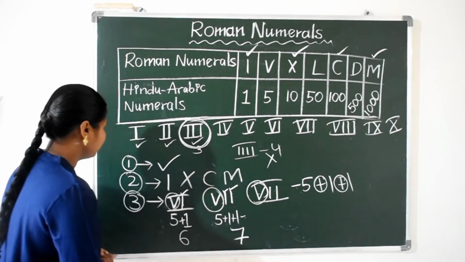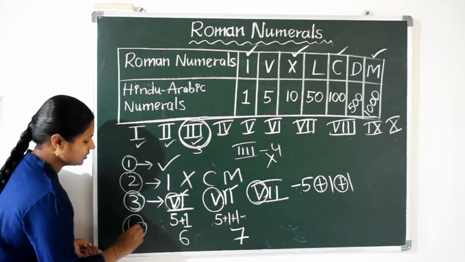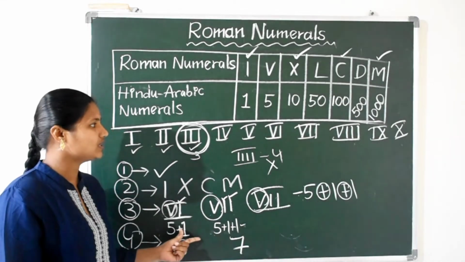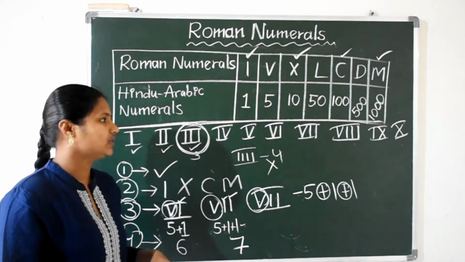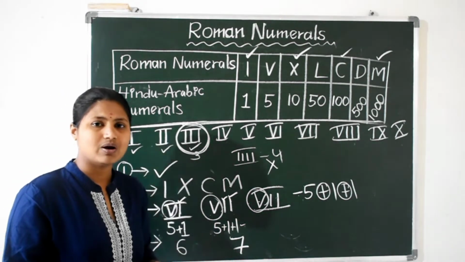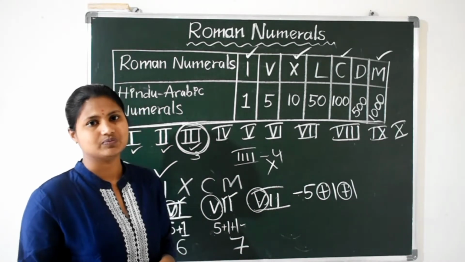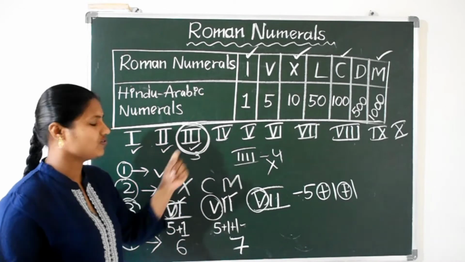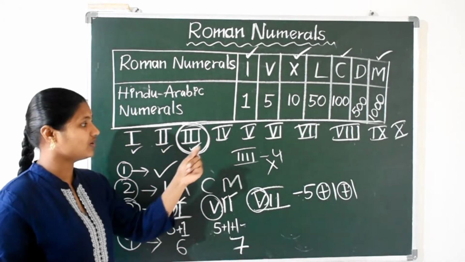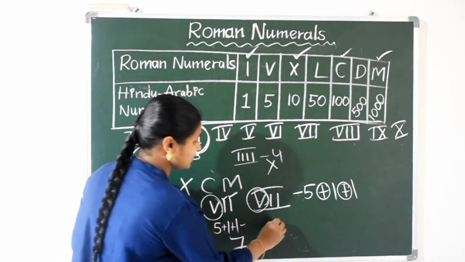Okay, and property 4 is, if a symbol is placed before the greater value, then subtract the smaller value from the greater value. Okay, that is rule number 4. Suppose IV is there. So IV, how does it come? I will show you. See here.